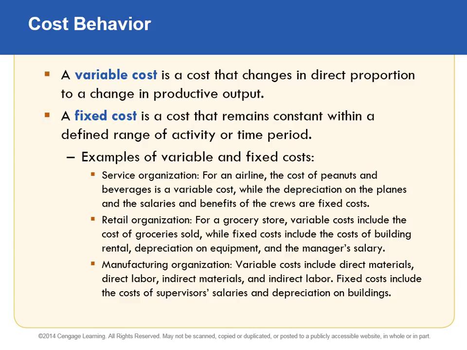Let me tell you what that means. If you produce 20 units, 40 units, 50 units, the total is different, but per unit it is constant, the same.